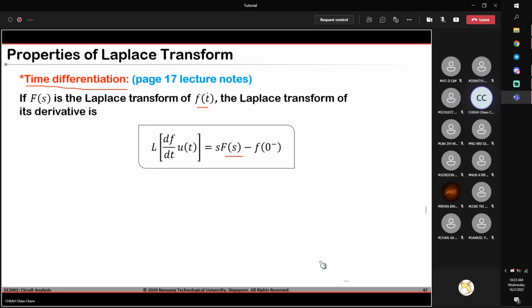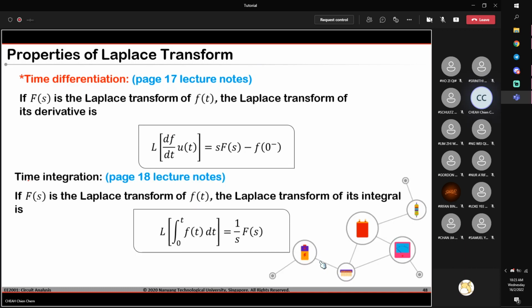You just take the Laplace transformation of the signal without differentiation, multiply by s. So next time if you see sF(s), it means differentiation in the time domain.